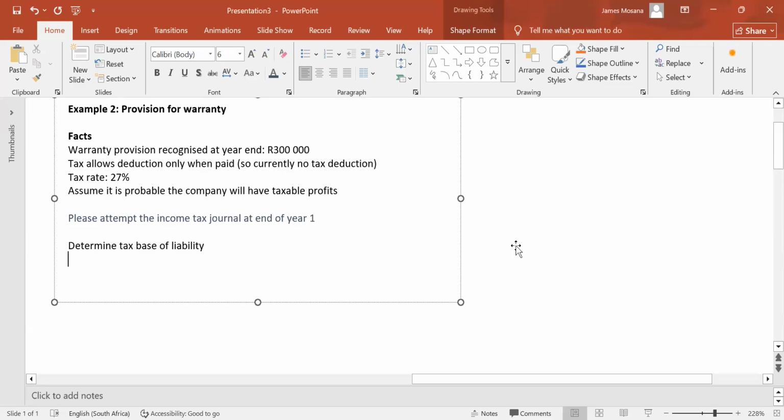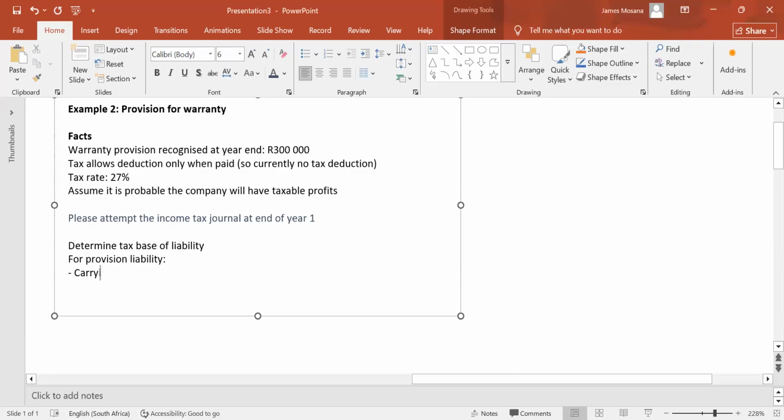Obviously it is for a provision liability. And they'll have a provision in your test. You're going to get a provision obviously when you are writing a test about income taxes or deferred tax, right?